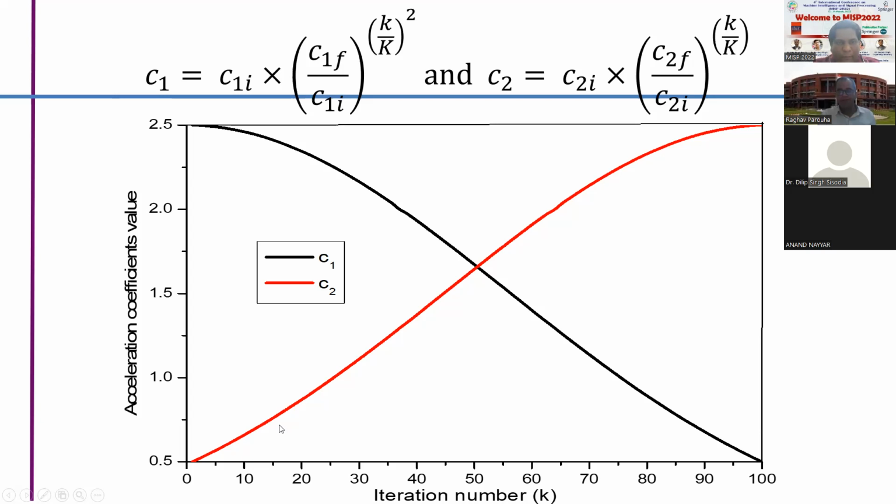Hello, Mr. Raghav. I think his connection is lost, sir. Yes, sir. We can wait for him for 1 minute, otherwise we can start the second one. Yes. Third one, sir.